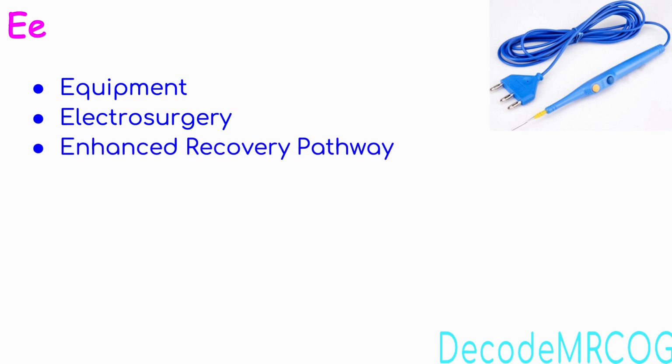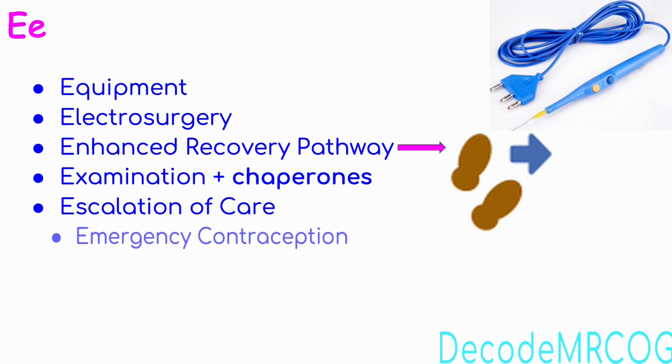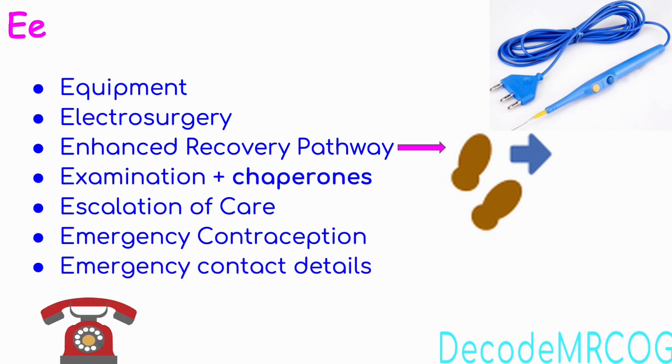Knowledge of electrosurgery, safe electrosurgery uses, enhanced recovery pathway following elective gynae cases, examination in the presence of a chaperone, escalation of care, emergency contraception, emergency contact details given to the patient after the discharge or while having a consultation.